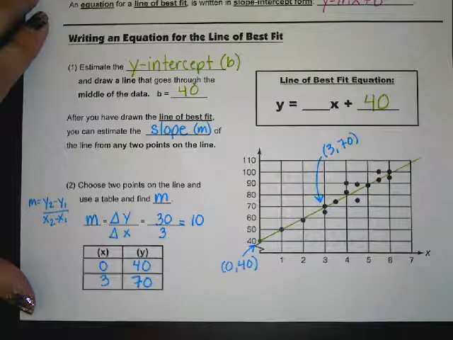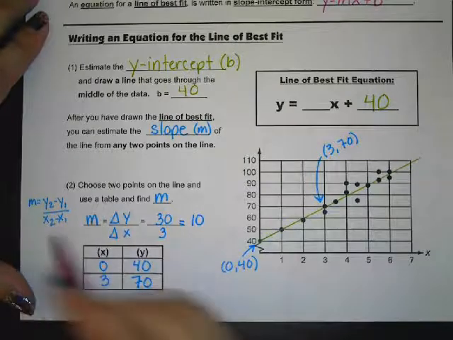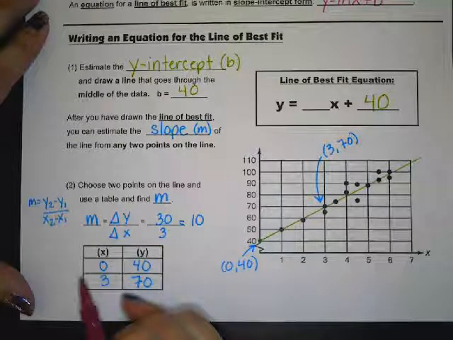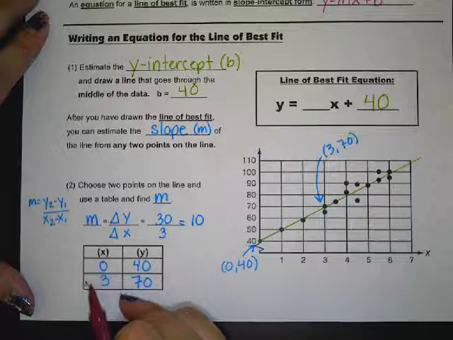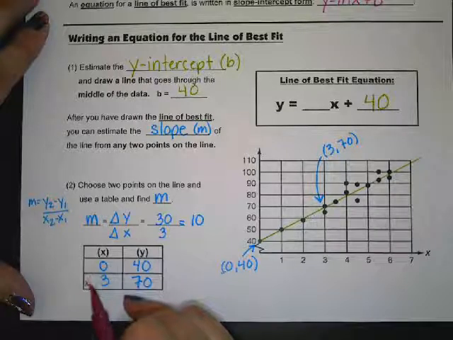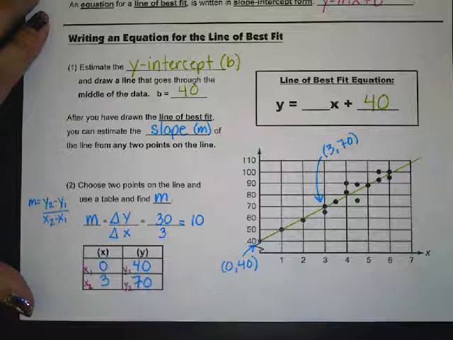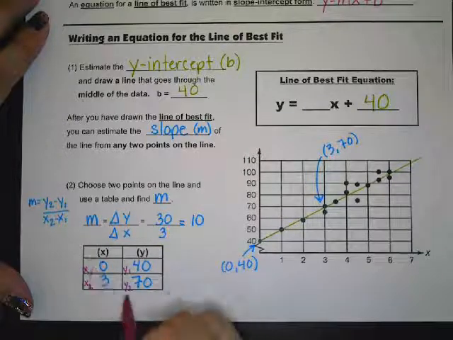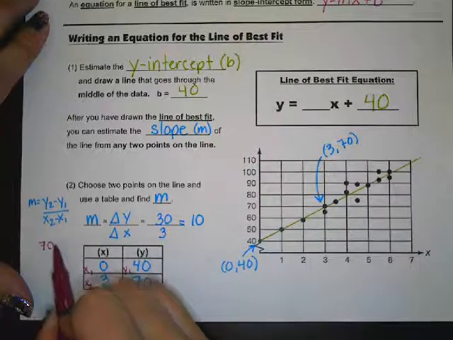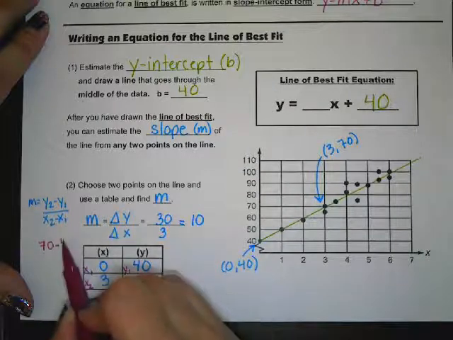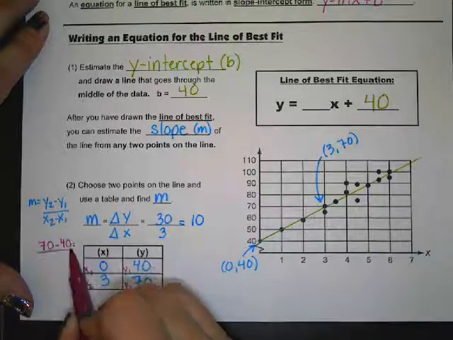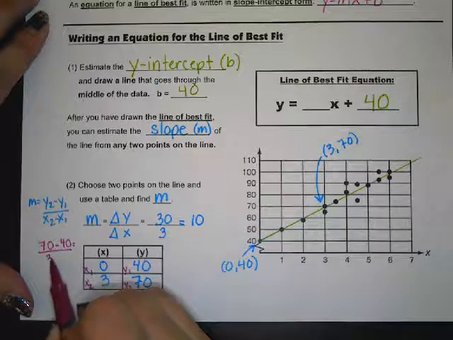Now, if you wanted to do it mathematically and use your slope equation, this would be your x1, oops, that would be x2, x1, this would be your y1, y2, and you'd plug it into your equation. So 70 minus 40 over 3 minus 0.